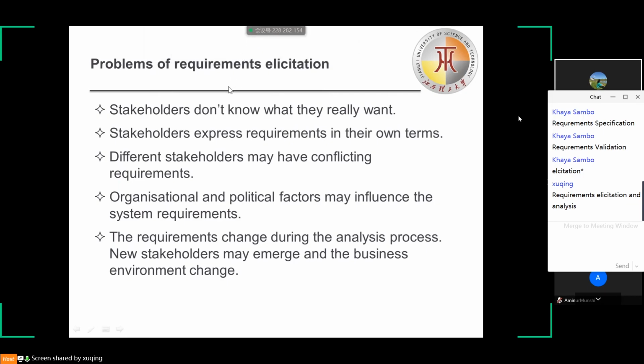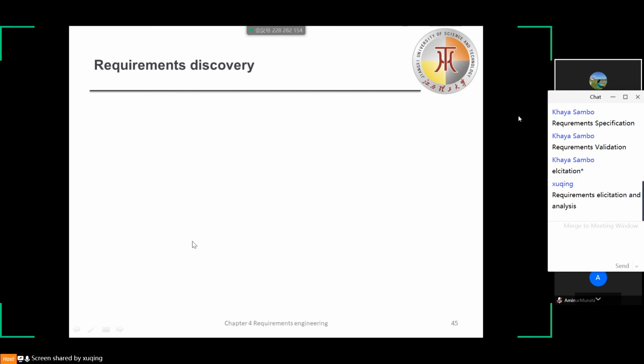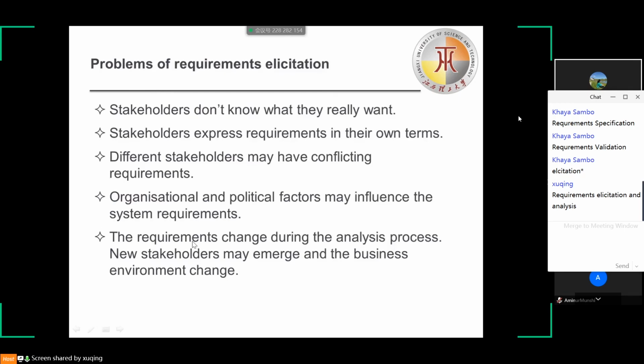Here we see that these reasons include different parts of the communication, the misunderstanding between stakeholders and developers or requirements engineers. That's why communication is very important.